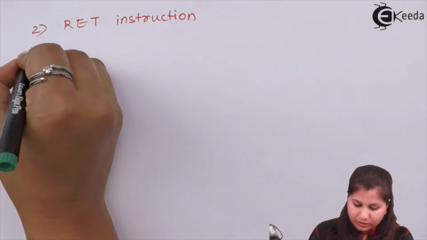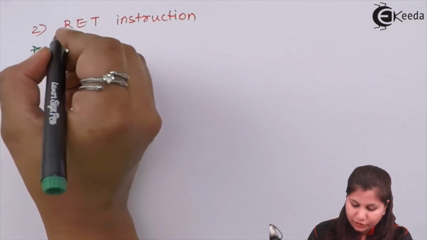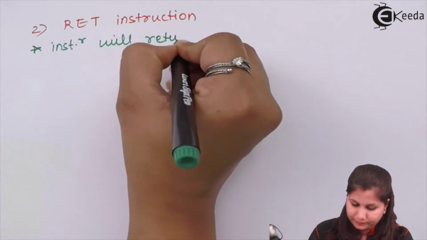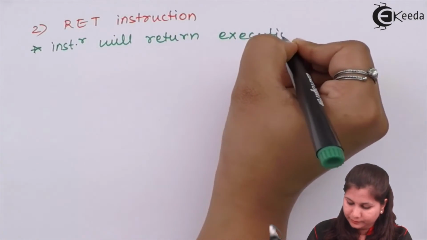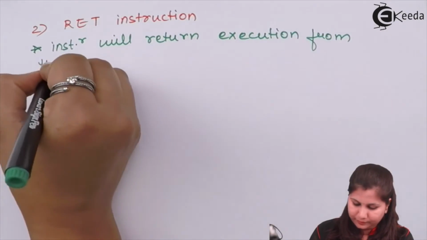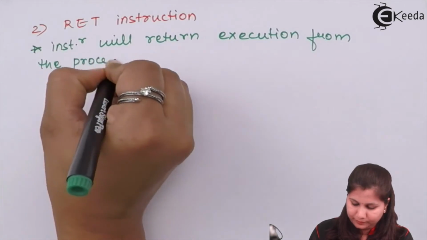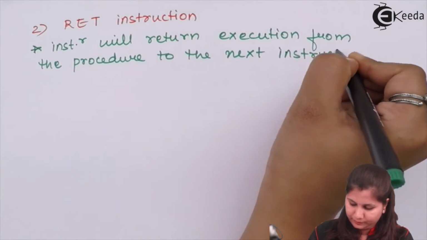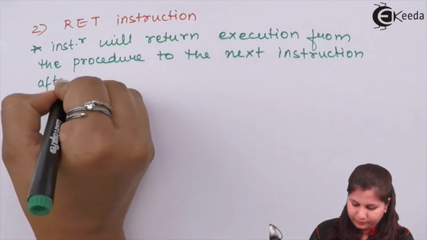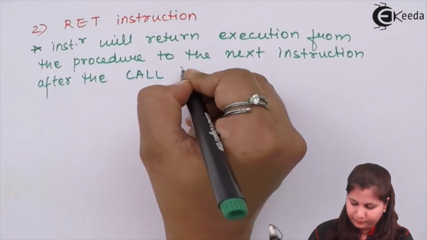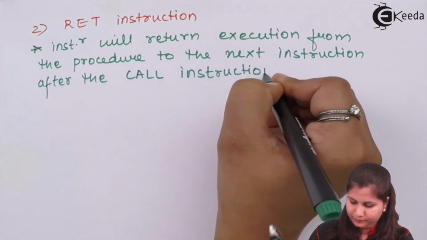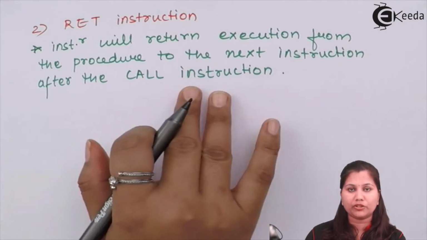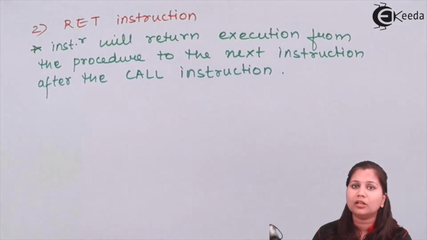It returns the execution from the procedure to the next instruction after the call.